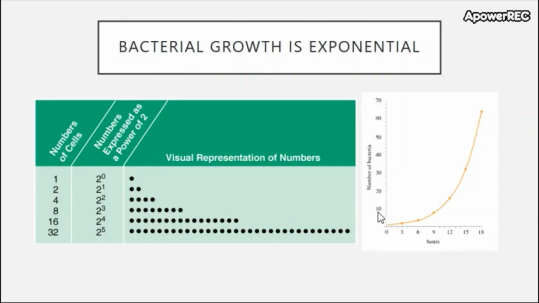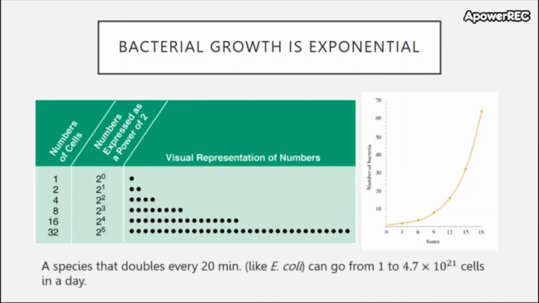So here are the number of bacteria, and you can see just how quickly these numbers begin to rise. So a species that doubles every 20 minutes like E. coli can go from 1 to 4.7 times 10 to the 21st cells within a single day.